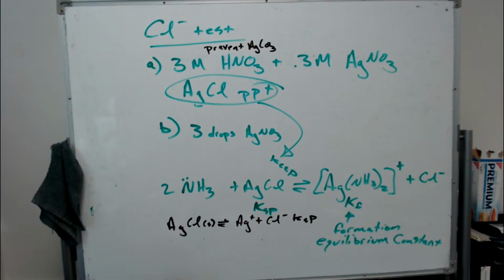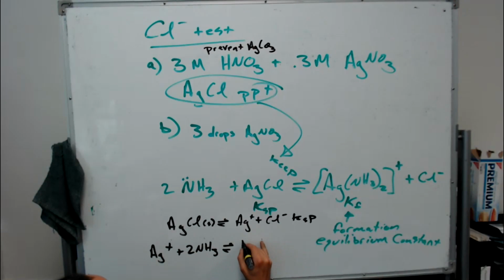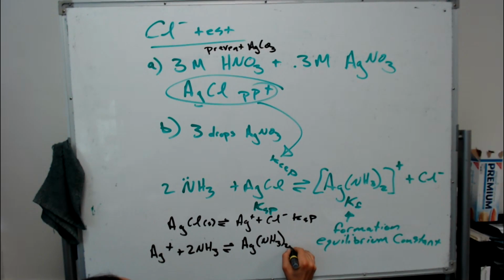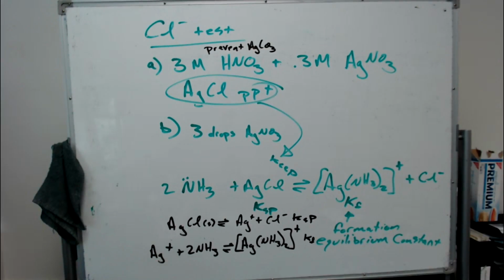The Kf would be Ag+ plus 2 NH3 goes to Ag(NH3)2+, with brackets to represent it as a complex. That's the Kf. We haven't gotten to that yet.